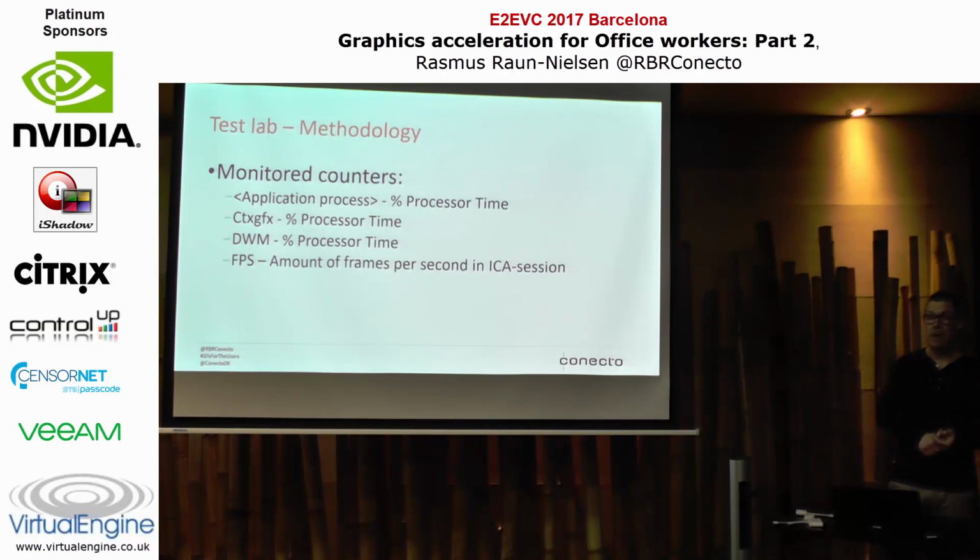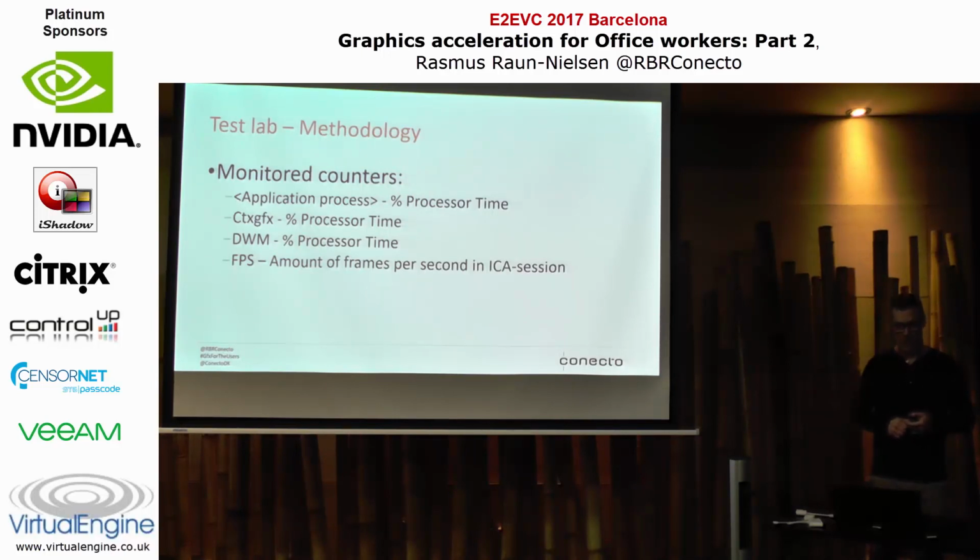The counters I was monitoring, of course, are the specific application process: how much CPU load is this particular process utilizing? But also other processes such as TCXGFX, the encoding process, because that's quite interesting when we're talking about graphics.